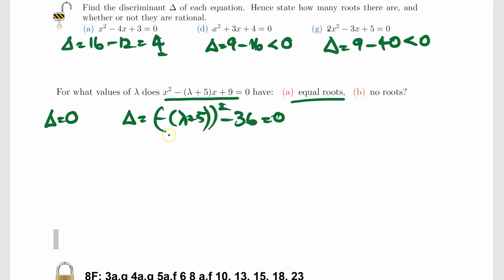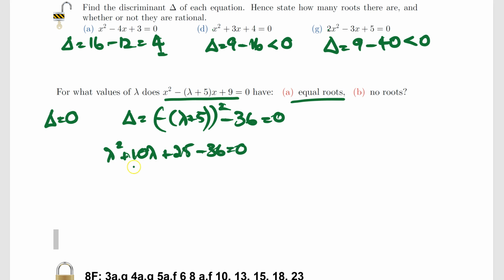So if we work on this now, then we're going to have, so the negative is gone, so lambda squared plus 10 lambda plus 25 minus 36 equals 0.